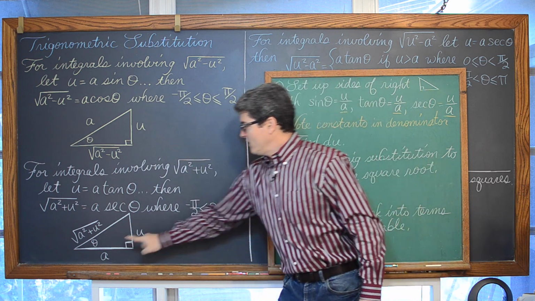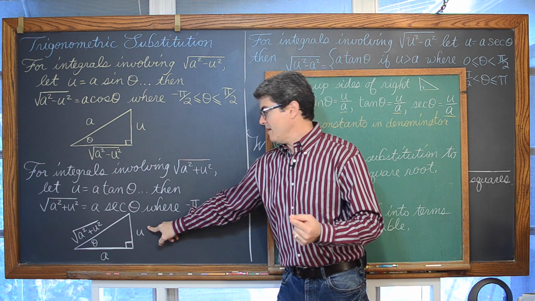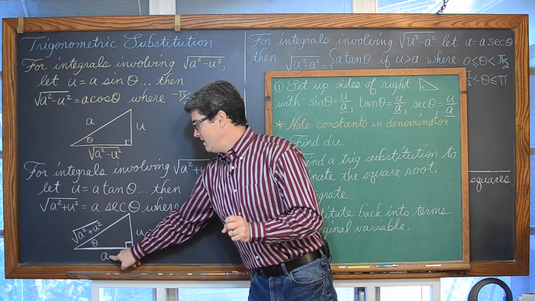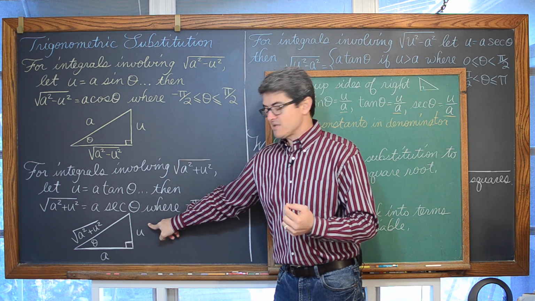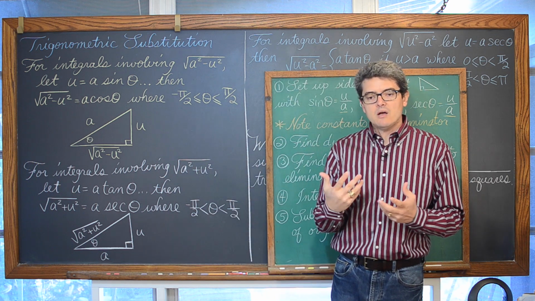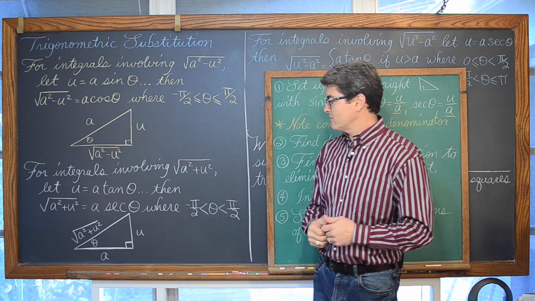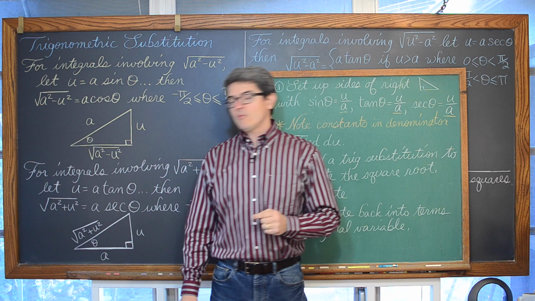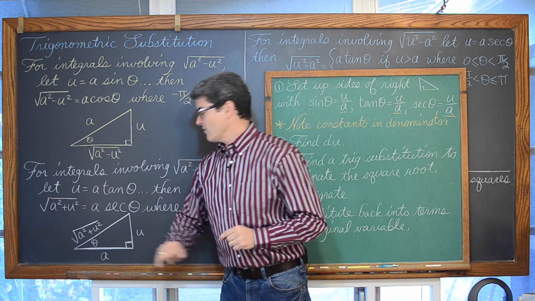Well, if it was u and a, and I needed to have the constant be the denominator, then it would be the cotangent of theta is adjacent over opposite. Okay, well, I would have a constant as my denominator, but I would be setting up a cotangent function, not a tangent function. So if it's suggested that I use one of the primary trig functions, then the tangent of theta is opposite over adjacent.